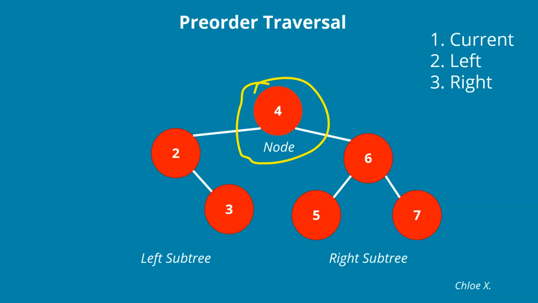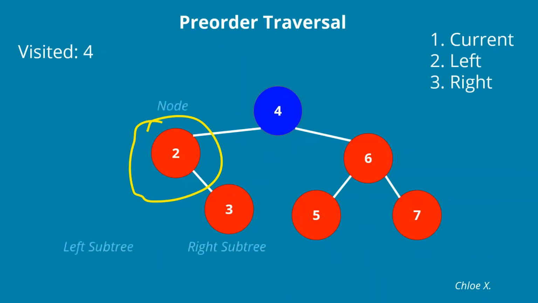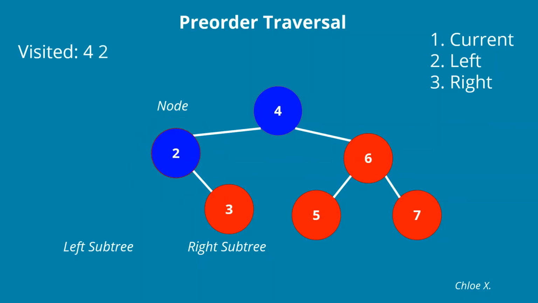So, step 1, we visit current. So let's mark 4 as visited. Then we can go left. And at left, boom, recursion time. 2 will make the call to this recursive algorithm. 2 will become current, mark itself as visited, and then it'll check left.